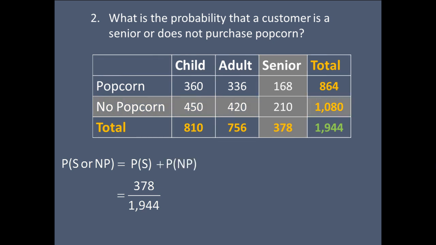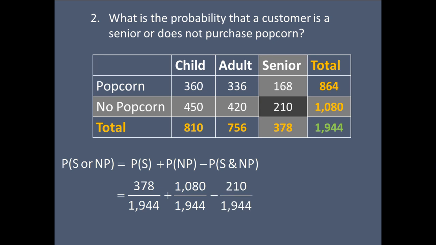No popcorn, 1,080 that didn't purchase popcorn. We do have an intersection point here, 210 people who are both senior and no popcorn. So we have to subtract one of those instances off, as we've included those 210 people in our seniors and in our no popcorn. So subtracting one of those instances off, what we should get, the probability of senior or no popcorn, is 0.6420.